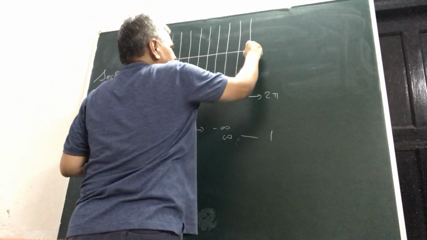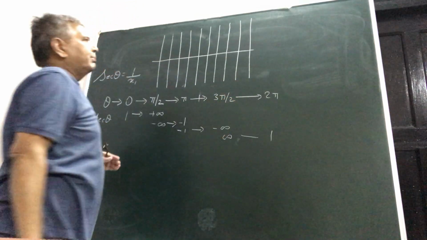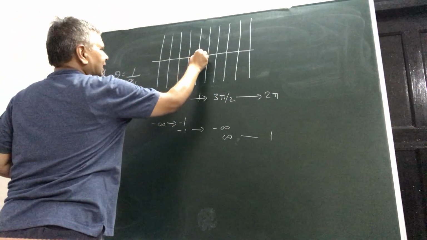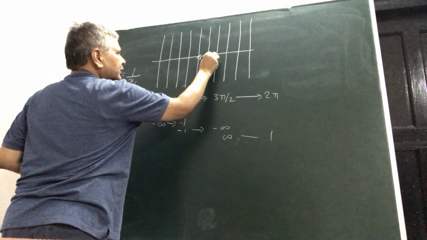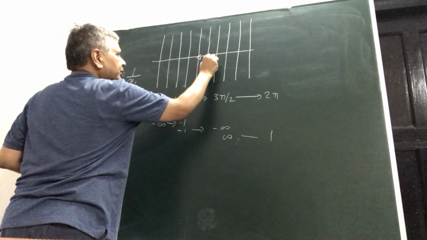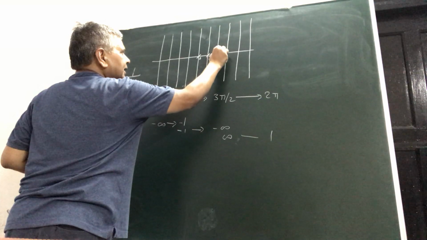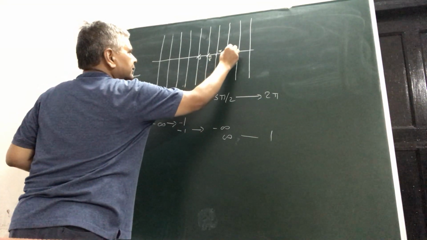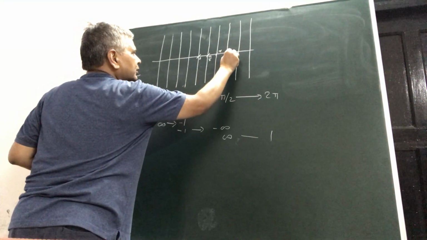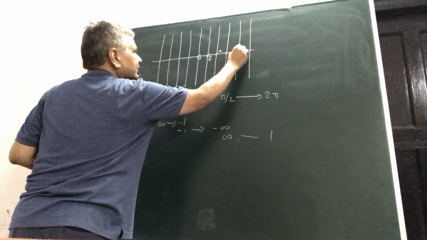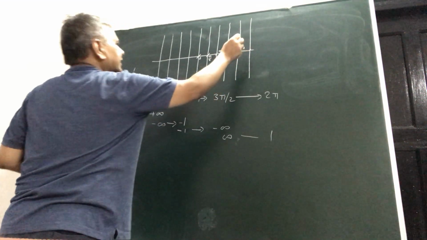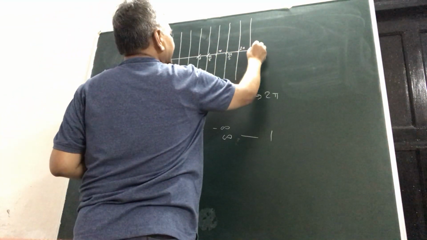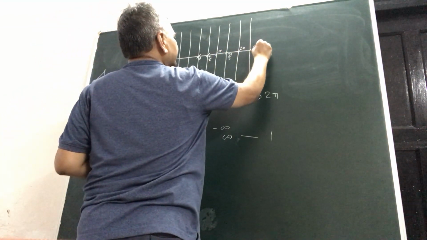So I have drawn various vertical lines at the spacing of pi by 2. Somewhere in the middle I am taking 0 here. This is pi by 2, this is pi, this is 3 pi by 2, and then 2 pi, and then 2 pi plus pi by 2, 5 pi by 2, and so on and so forth.